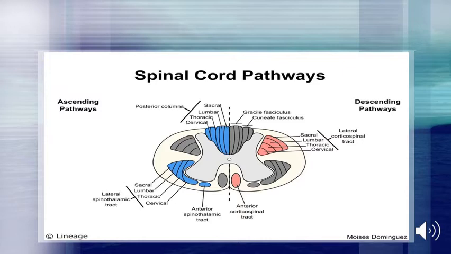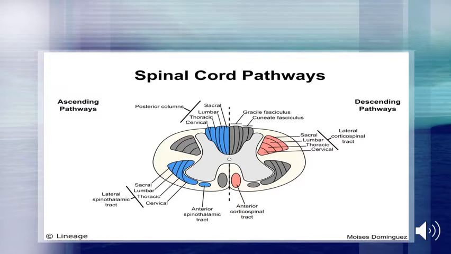The sensory information which comes from the lower part of the body below the level of T6 goes to the gracilis fasciculus, while the sensory information from the upper part of the body above T6 will go to the cuneate fasciculus, which is just lateral to the gracilis fasciculus.